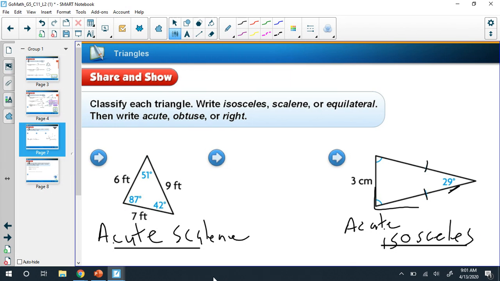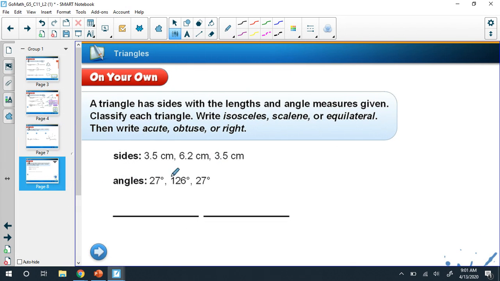Okay, last page we're going to look at right here. Here, instead of actually giving us a picture of a triangle, it just tells us its dimensions. We're going to think about it in the same way. First, we'll look at the sides. We have 3 5/10 centimeters, 6 2/10, and 3 5/10. So these two are the same or congruent.